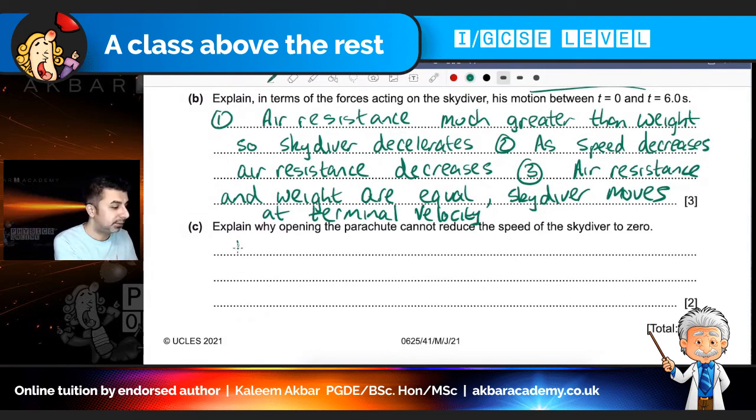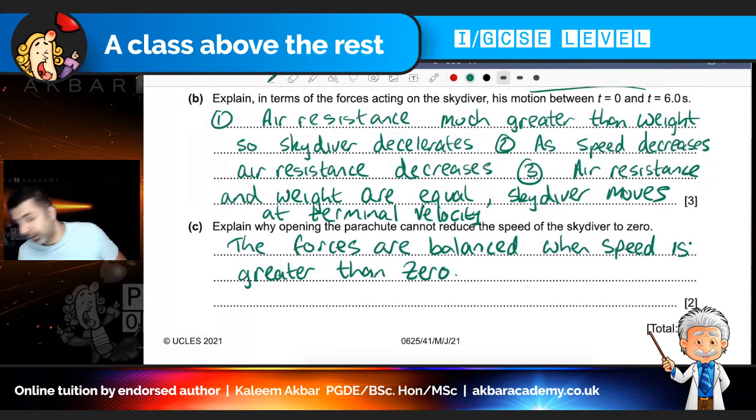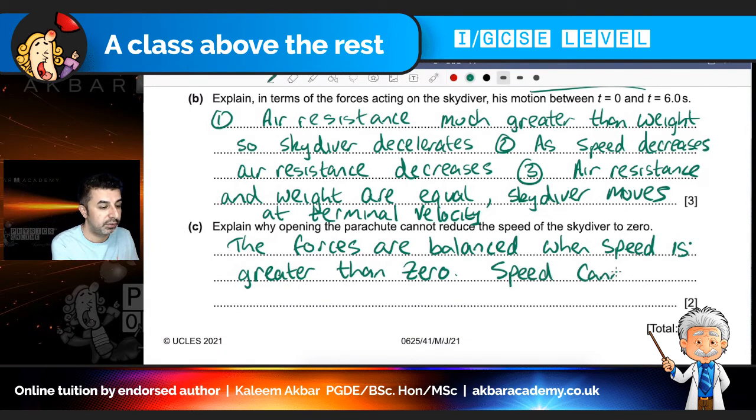So let me try to summarize this for you. The forces are balanced when speed is greater than 0, okay, speed cannot decrease further whilst in the air.